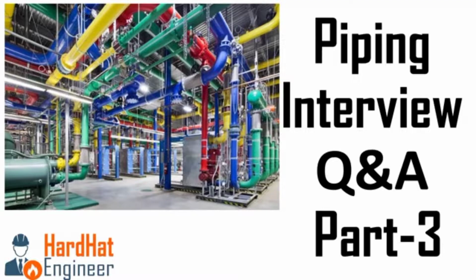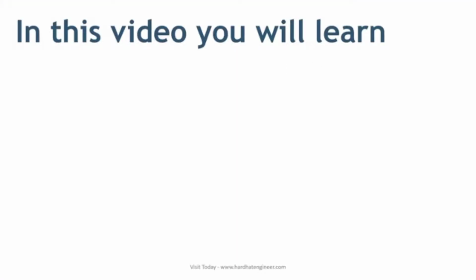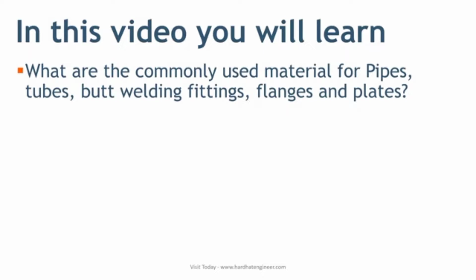In this video, you will learn about the most common questions regarding pipe fittings material that you may face during the interview. You will learn about these questions. What are the commonly used materials for pipes, butt welded fittings, flanges and plates?